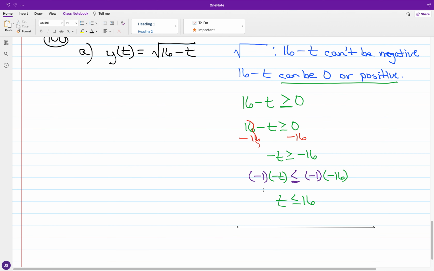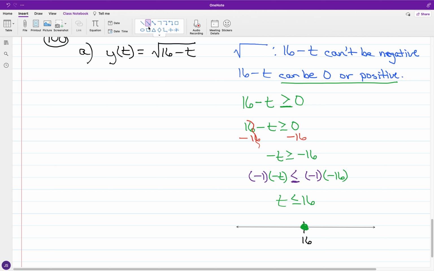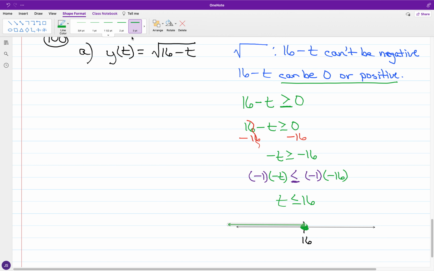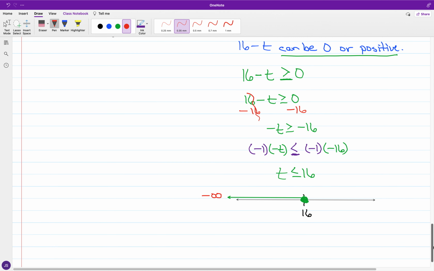Now, looking at the domain and expressing it in terms of an interval, there's only one number involved in the inequality comparison, and that is the number 16. With the nature of this, we've got the equal sign, so 16 is included, and the rest of the values have to be less than. So we're going to have a ray that goes continuously to the left, continuous motion out toward negative infinity.